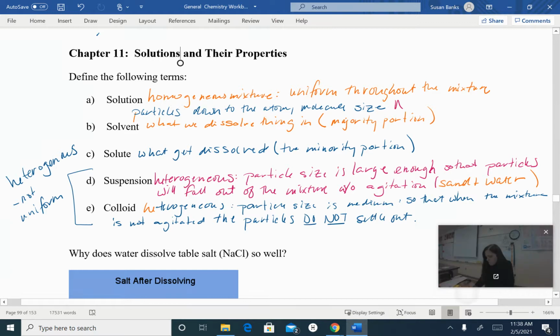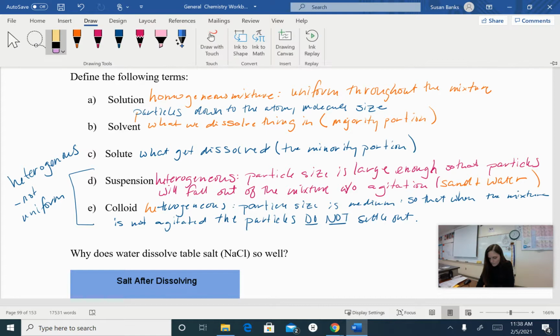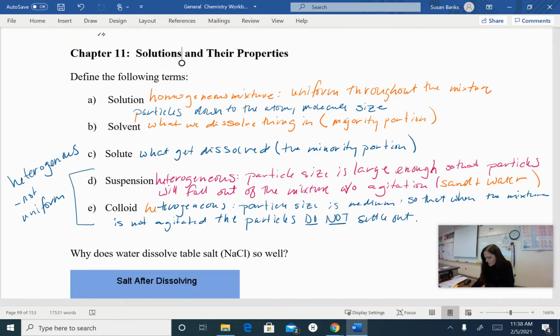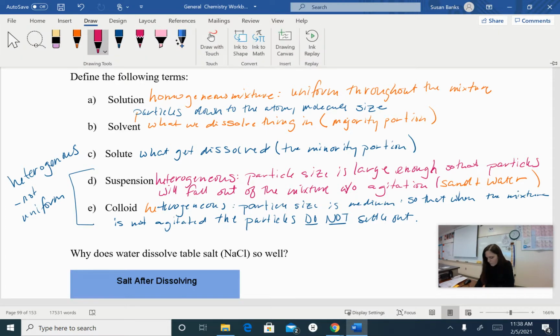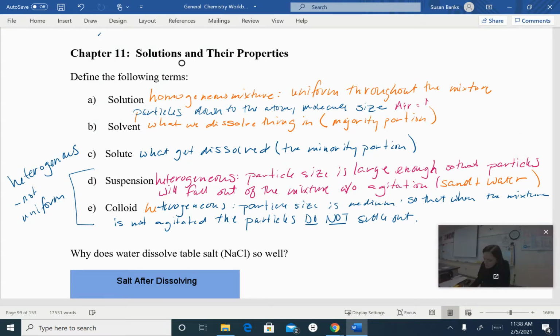Okay, air. Air is a really good example of a solution because we have a mixture down to the molecular level of nitrogen and oxygen and a whole bunch of other gases mixed in there.